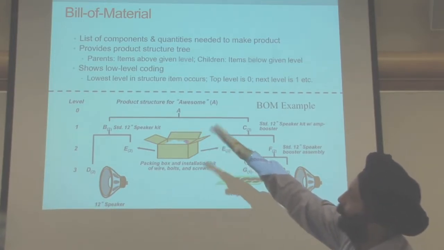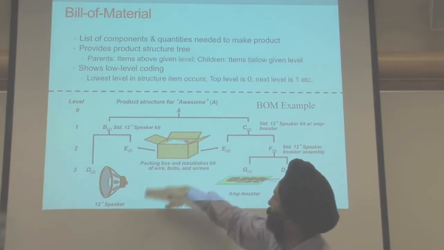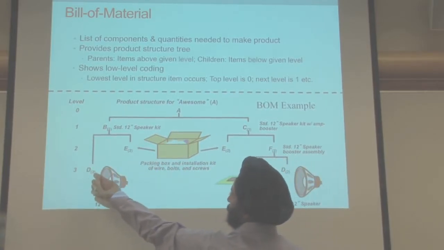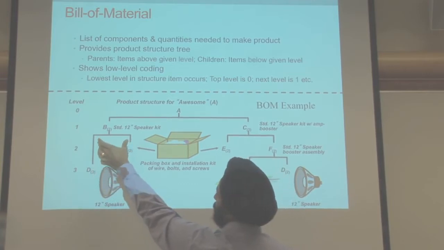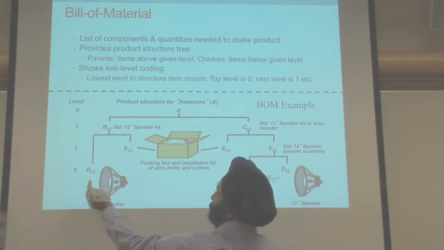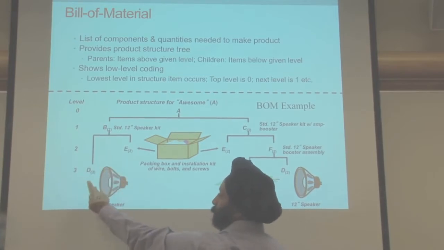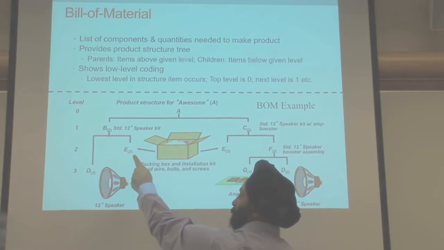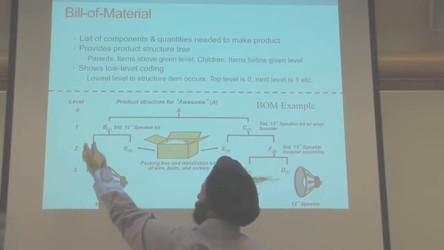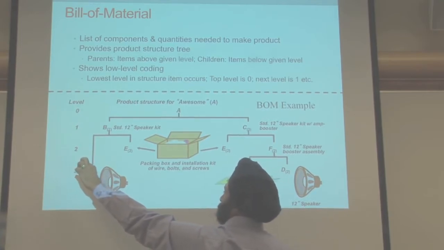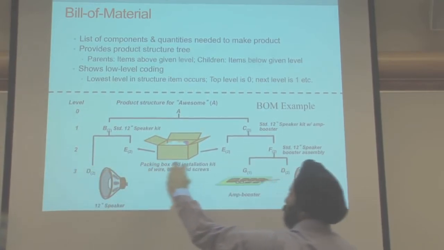And in this case, what we really need is the lower level coding, and the lower level coding is indicated right here. Even though you have this branch where B requires 2 units, and each B requires 2 units of D and 2 units of E, they are not indicated on the same level, because you need to make sure all the Bs occur at the lowest possible level.